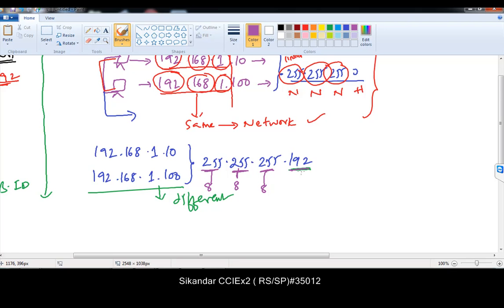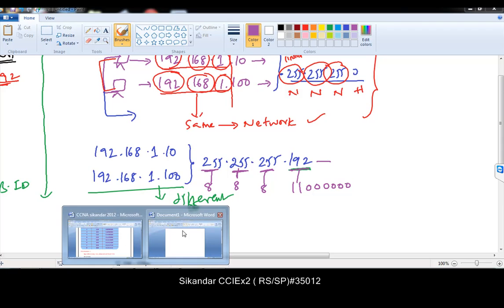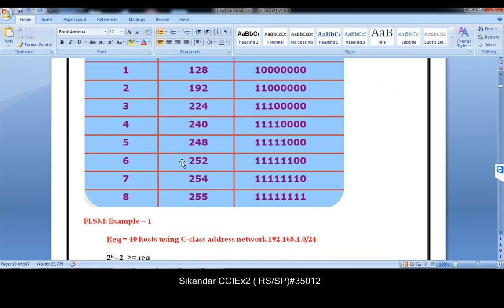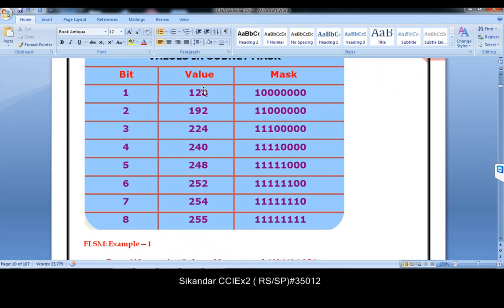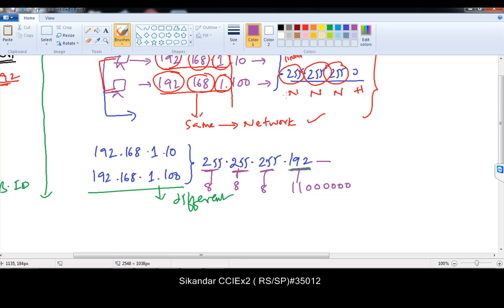And when I say 192, that is in decimal format. If I write this in binary, it will be 1 1 followed by 6 zeros, so 2 ones and 6 zeros. If I come back to my table, 192 represents 2 network bits and 6 host bits, which means 128 plus 64, which is actually 192.